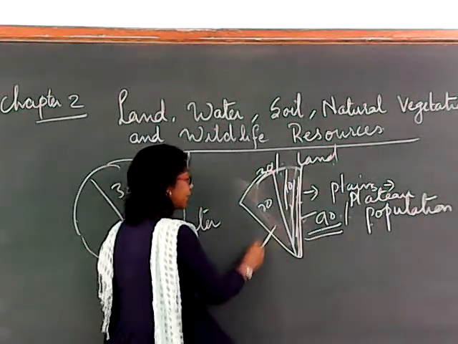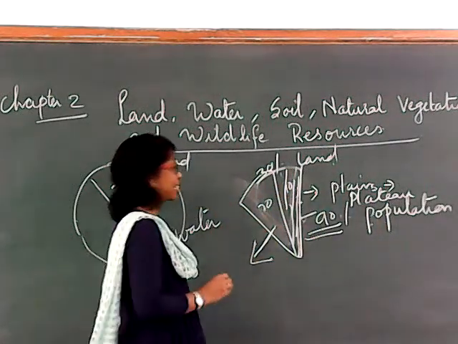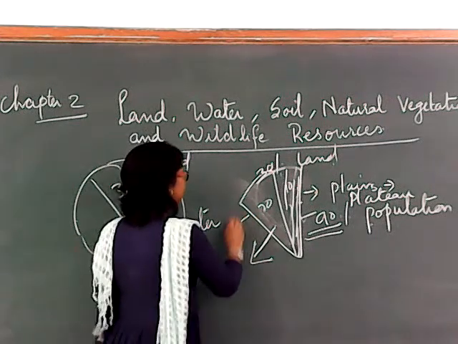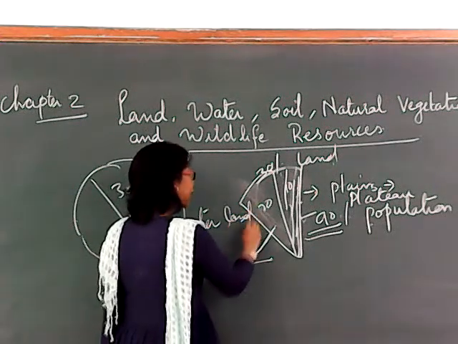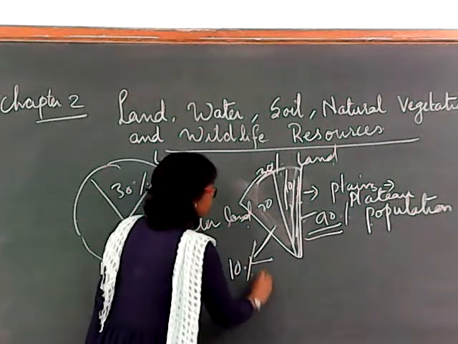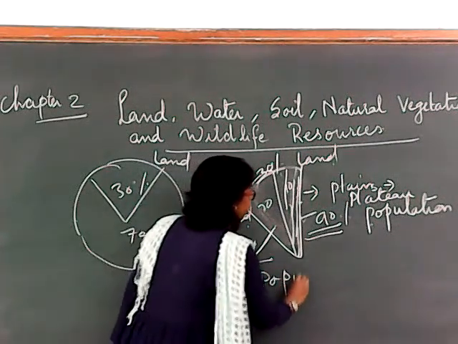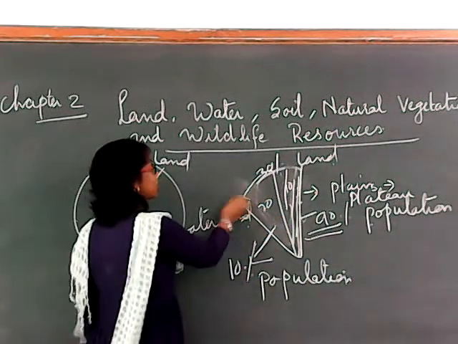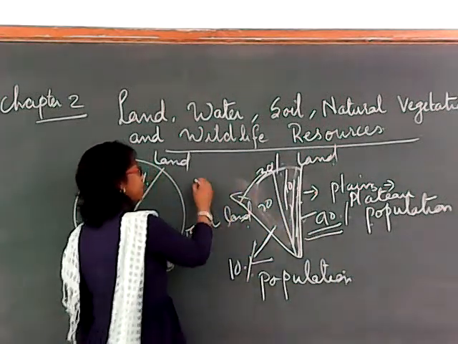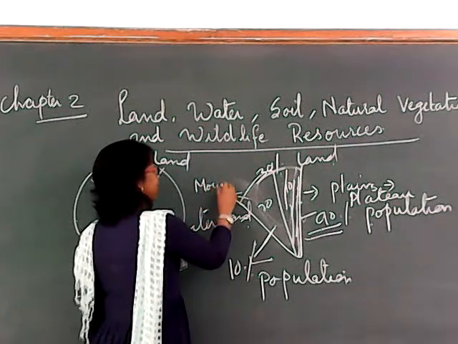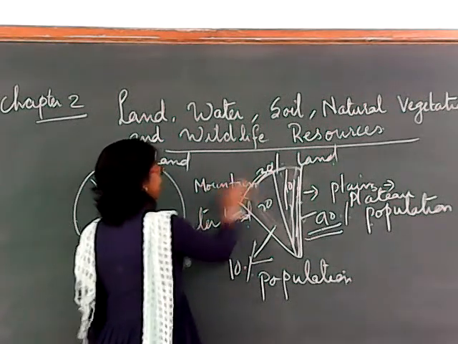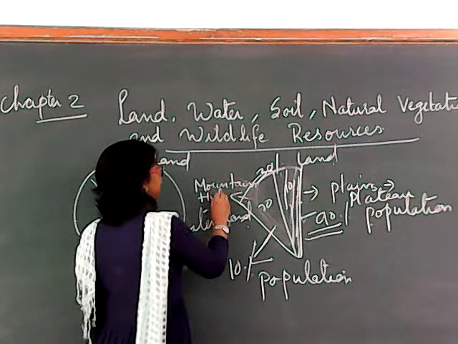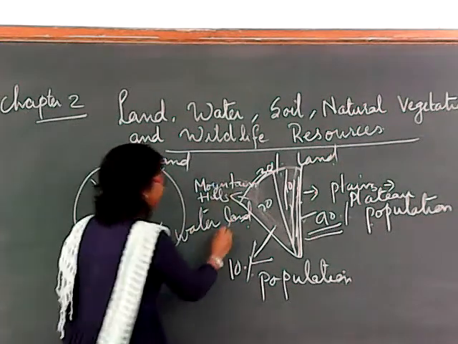So on the remaining 20% of land, only 10% of the population lives. You can imagine why: this 20% may be mountains, hills or desert.